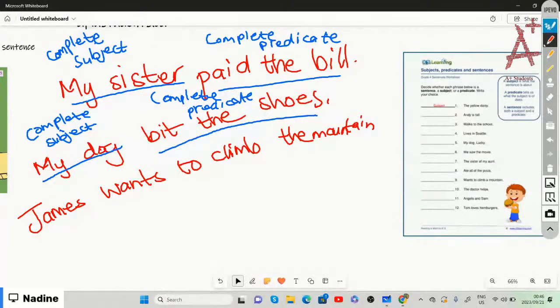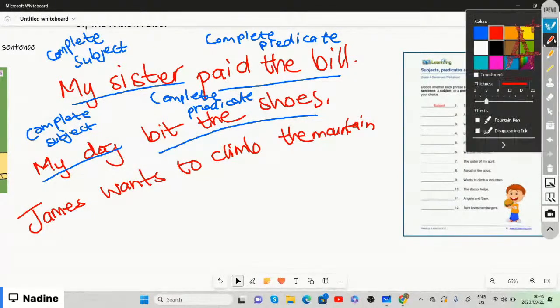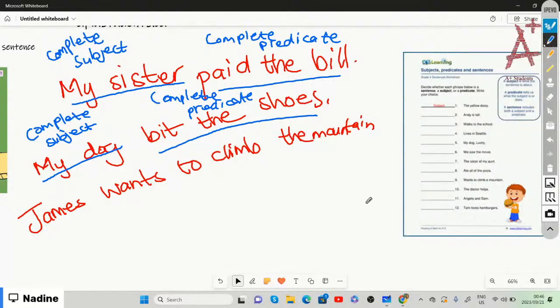So now we need to select the subject. What is the subject within this last sentence? James wants to climb the mountain. So what is the subject within the sentence?